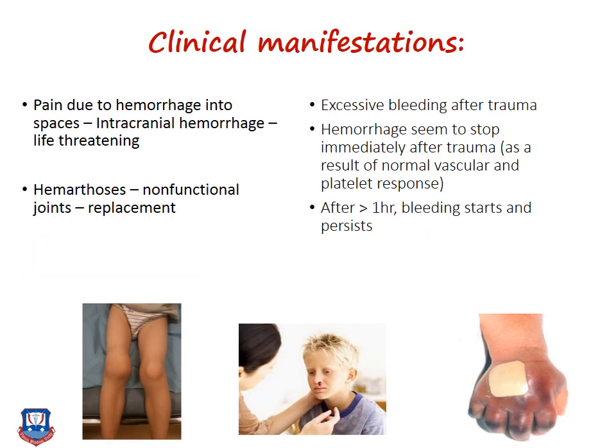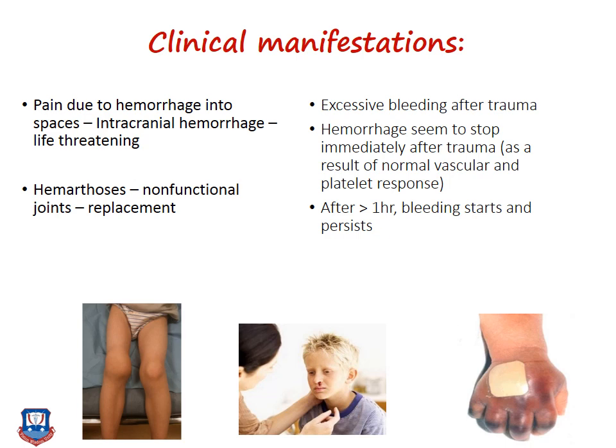The clinical manifestations that we see are pain due to hemorrhage into the spaces; intracranial hemorrhage is the life-threatening type of hemorrhage. Then hemarthrosis, that is swelling of the joints.